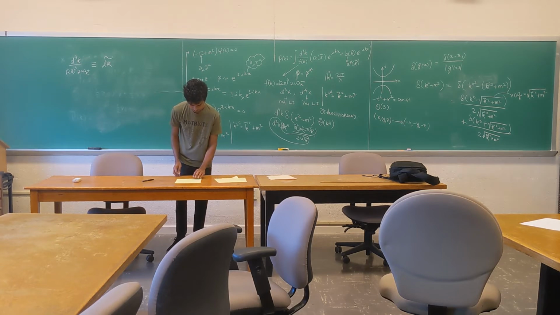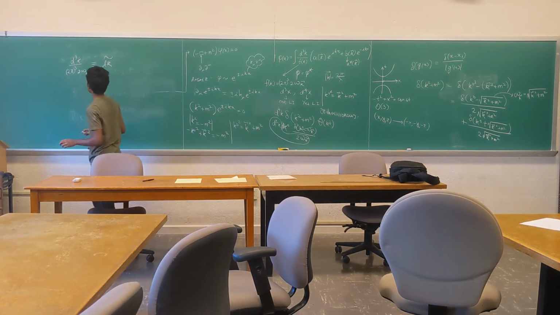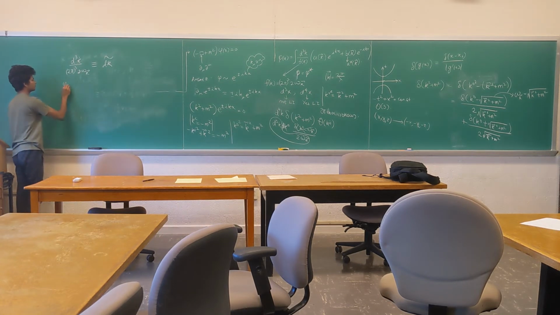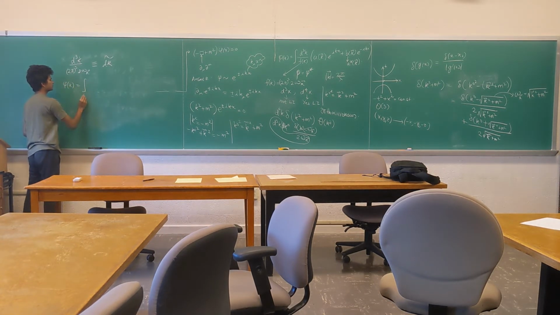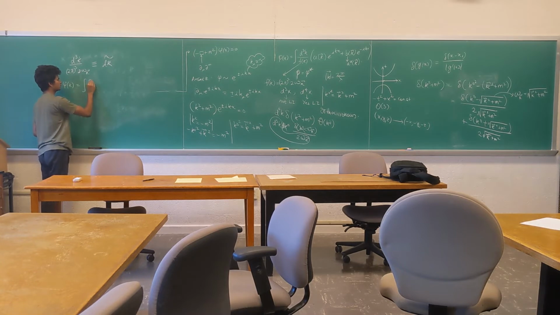Now, alright. Now let's find the canonical momentum. So we have the field to be phi tilde.